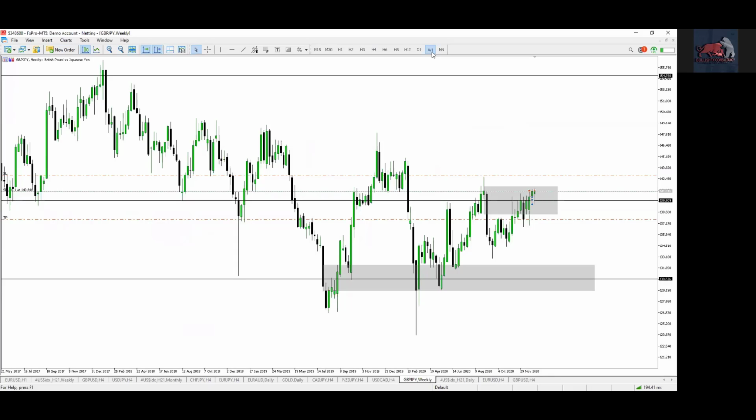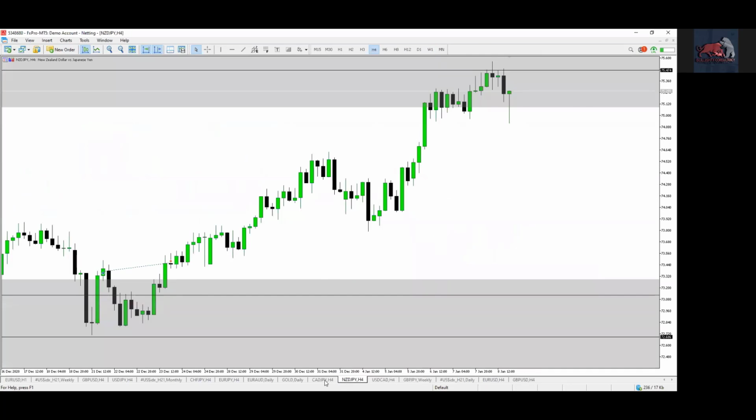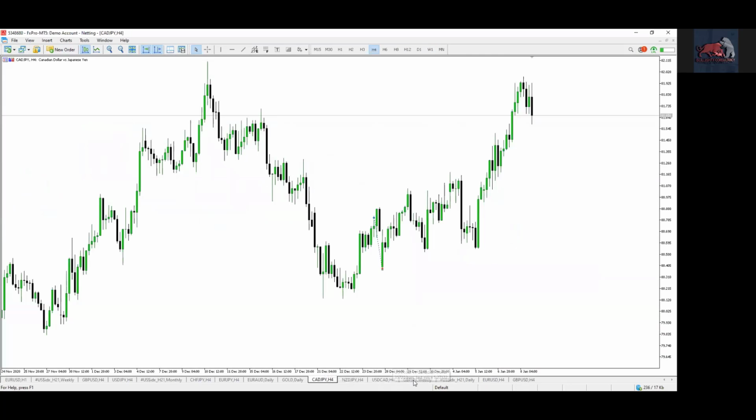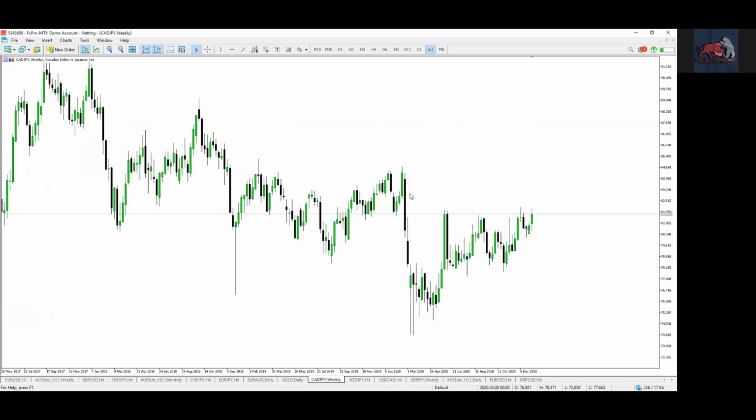If there's weakness in the dollar index, the minor pairs are going to gain strength. But if the dollar gains momentum, then these minor pairs such as NZD/JPY, CAD/JPY, GBP/JPY, CHF/JPY are going to find momentum to the upside. They will all be trading higher, because if you look at them right now, they are right at the ceiling. They are trading very high.